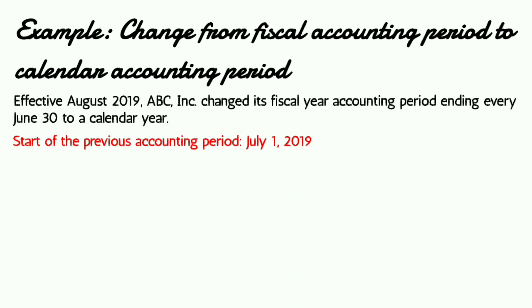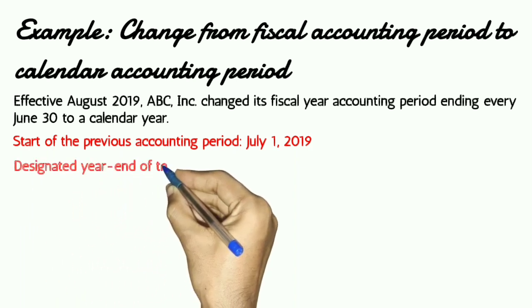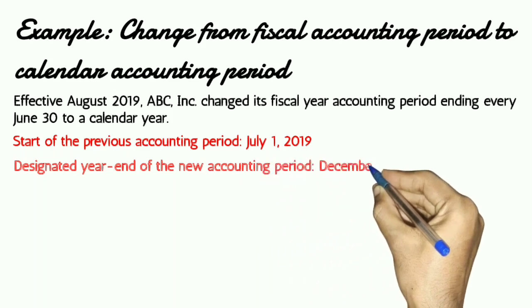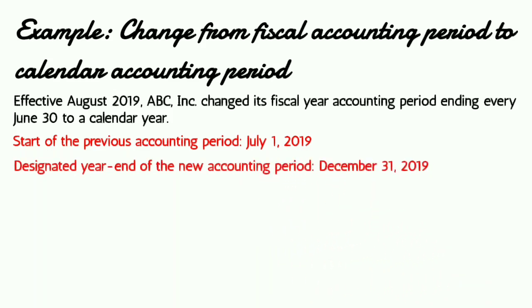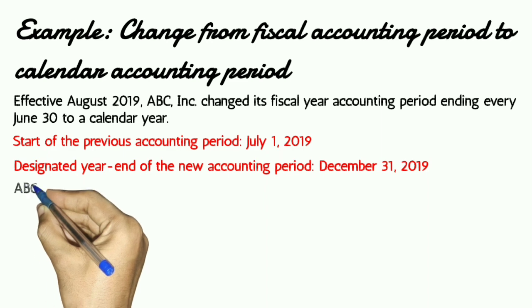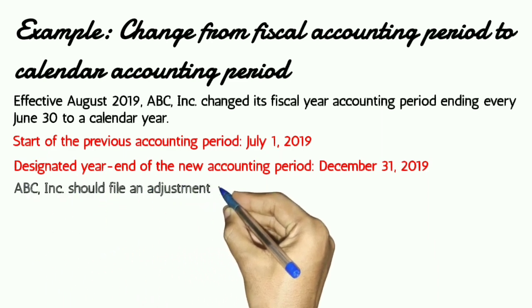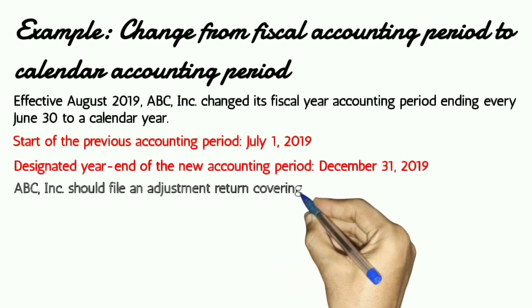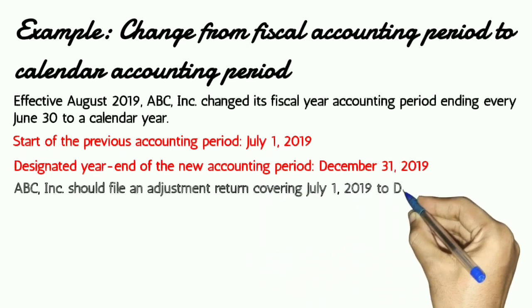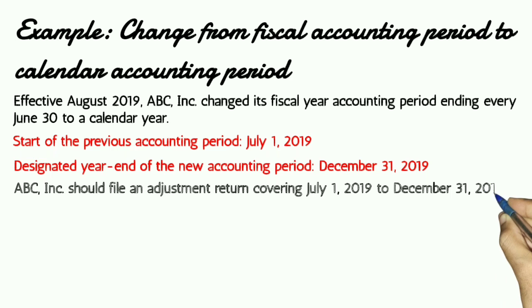So that means the designated year-end of the new accounting period is December 31, 2019. Therefore, ABC Incorporated should file an adjustment return covering July 1, 2019 to December 31, 2019.